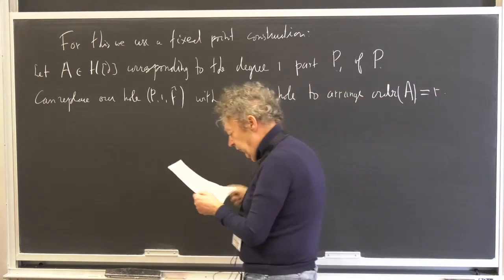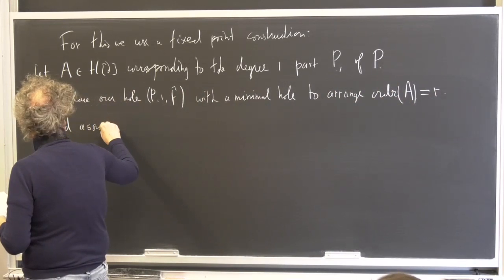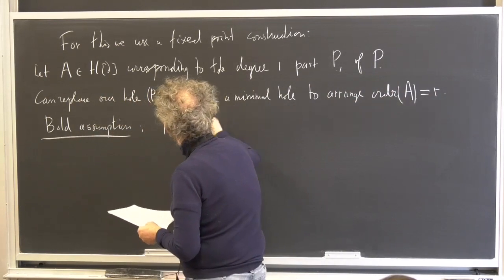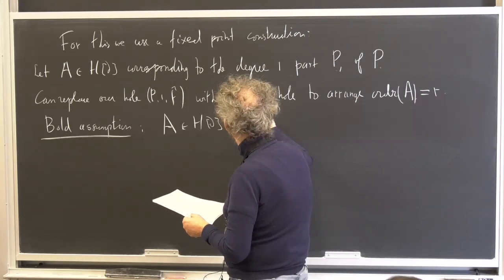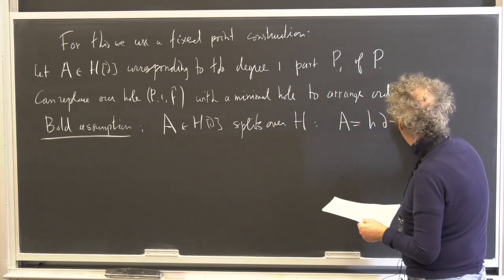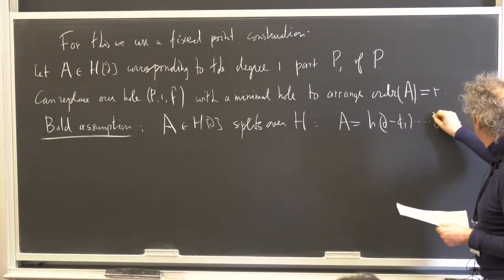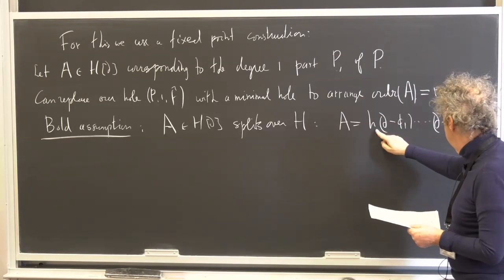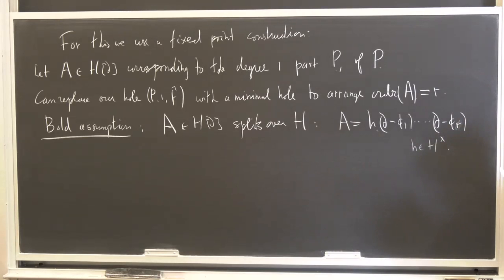Right, so okay, so now we make a bold assumption, simply to make the story possible, and then I'll amend it later on, but let's assume that this actually splits over H. So A factors as delta minus V1 through delta minus VR, as a product of order 1 factors, and H is here simply a non-zero element of our Hardy field.